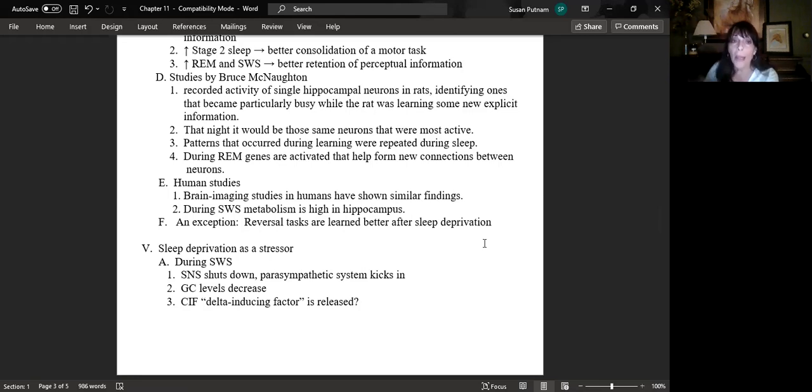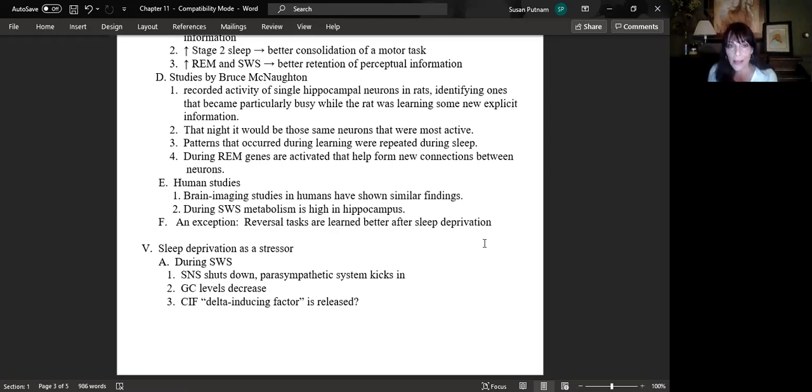But in those studies, there are similar findings. During slow wave sleep, the metabolism is high in the hippocampus, generally speaking. If you want to scoot back up to the notes before where we were talking about slow wave sleep.